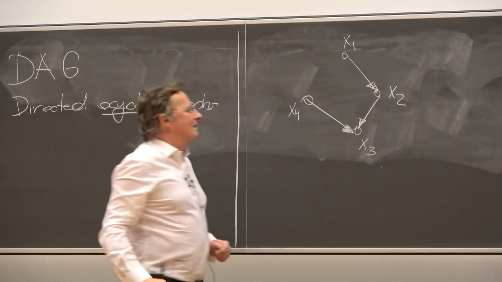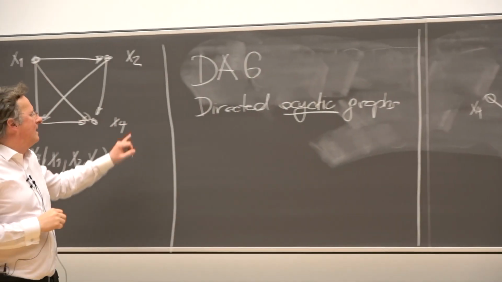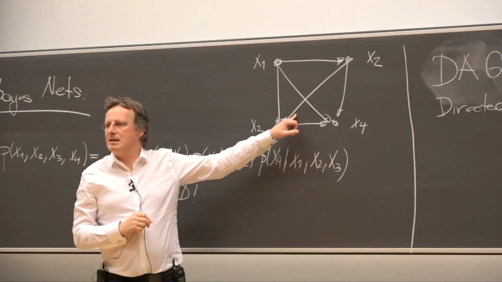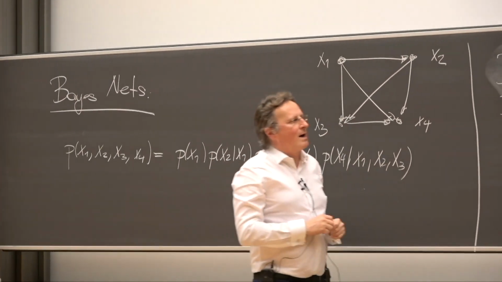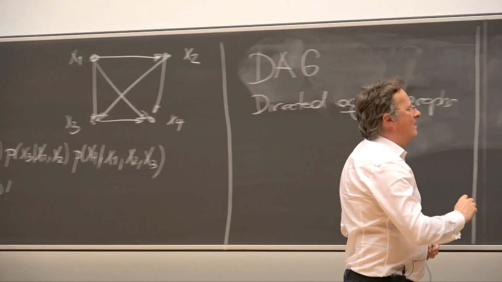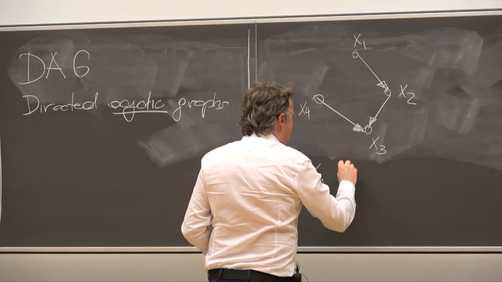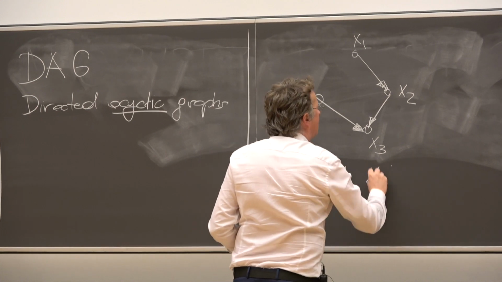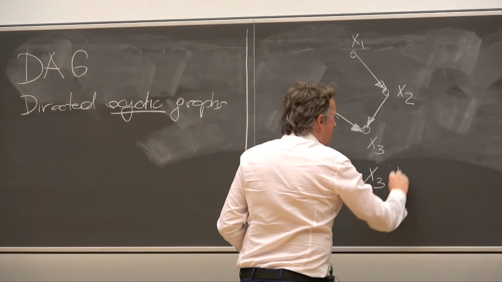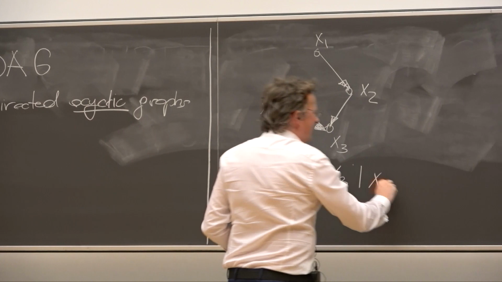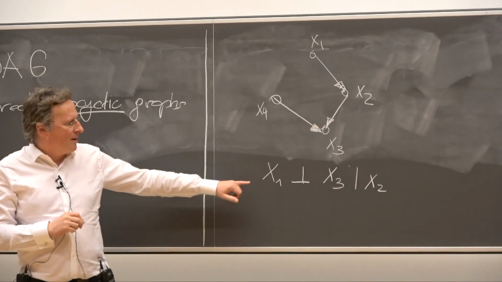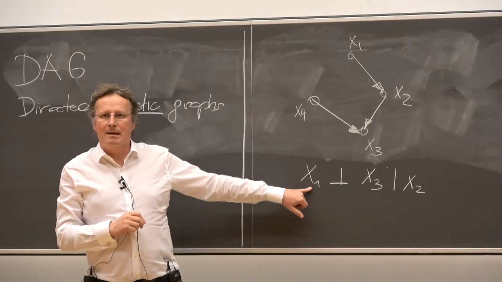Compared to what I've drawn here, certainly some of these edges are missing. And now I want to ask certain questions, right? For example, is x1 independent of x3 given x2? Okay, so this is our notation, and that's the question.